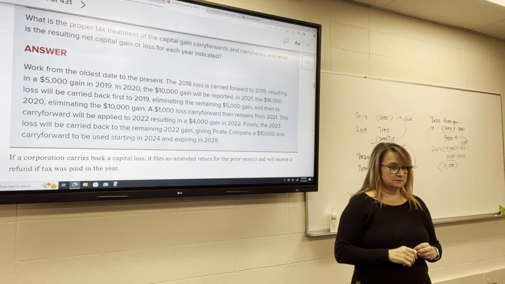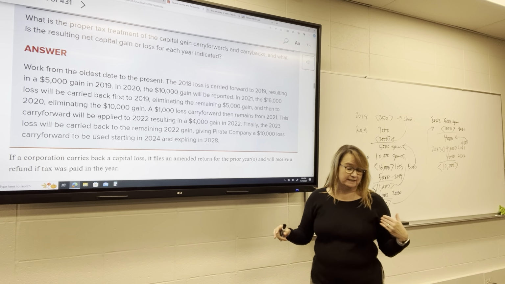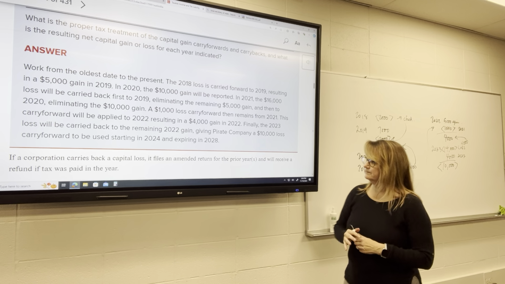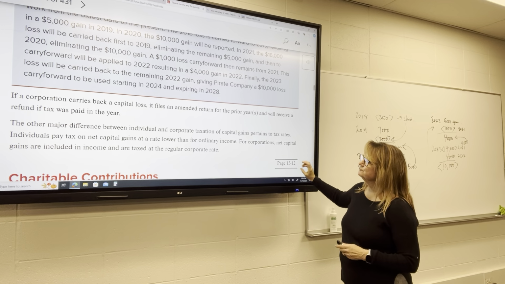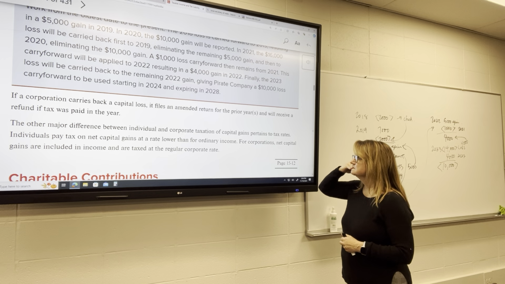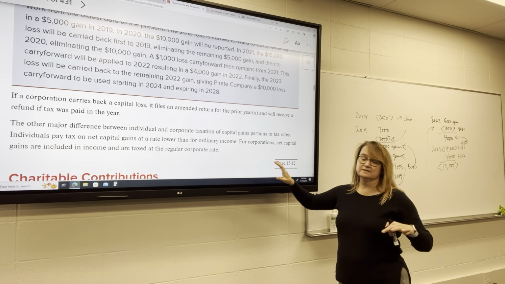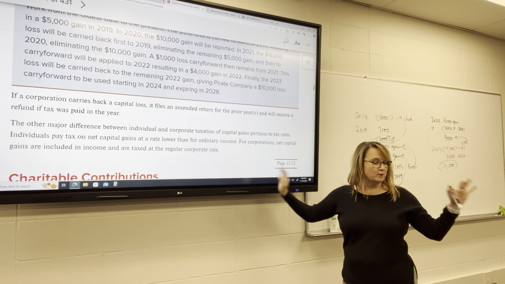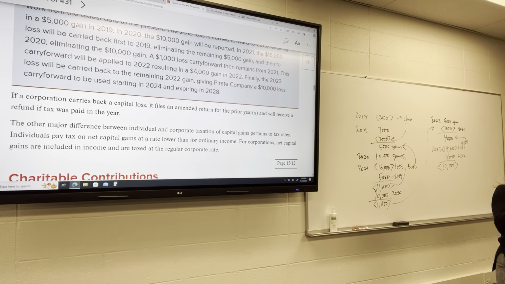Only capital losses. Okay, so if we don't have any capital gains, we're not going to get to use that. Again, you file an amended return. There's no special tax rate on capital gains. It doesn't matter if it's long-term or short-term. It's a 21% tax rate on everything for corporations. That part's super simple, right?